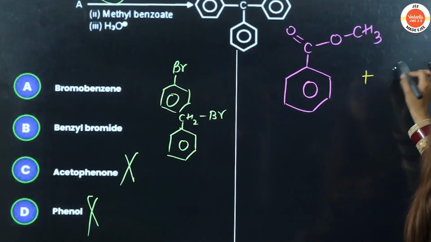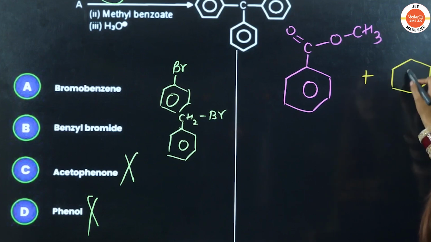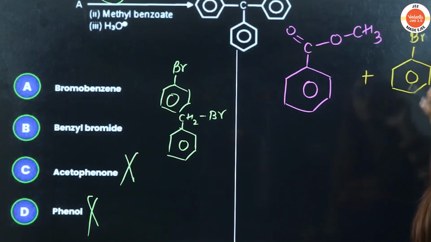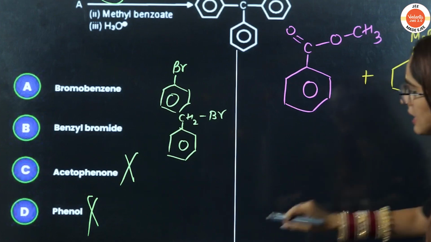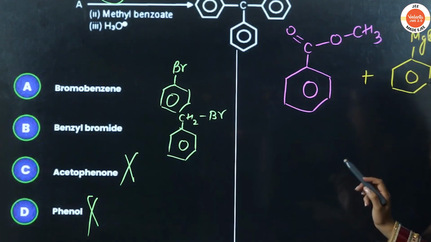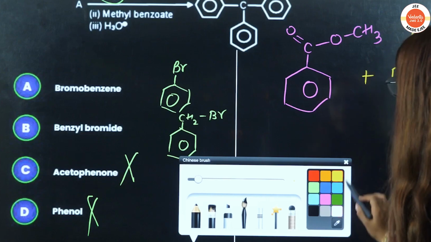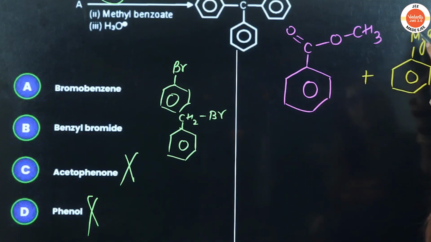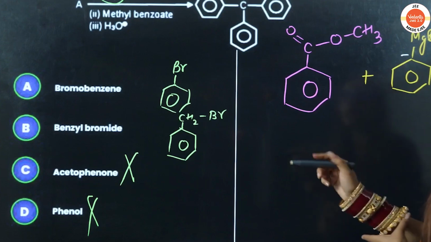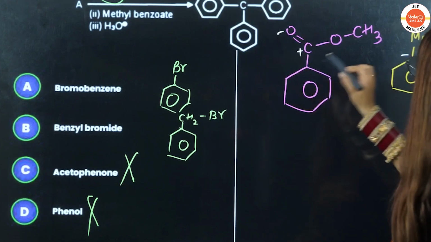When you react this with bromobenzene, I think there is some typing mistake. When you react this with the bromobenzene Grignard reagent, that is, on benzene you have MgBr, what will happen here? This is the positive part. This is the negative part. Here we know that this is the positive part, this is the negative part.